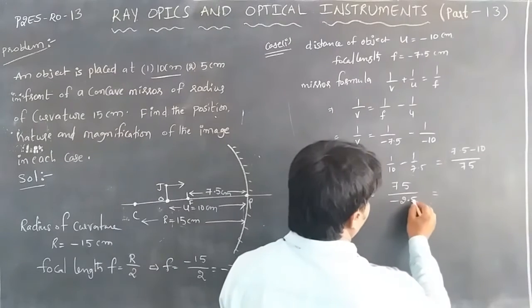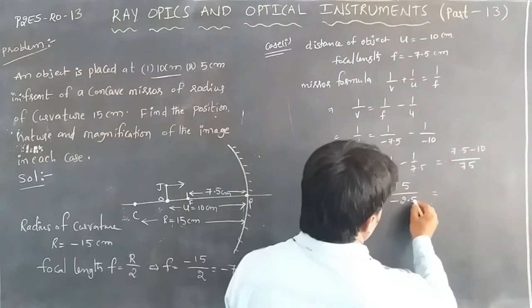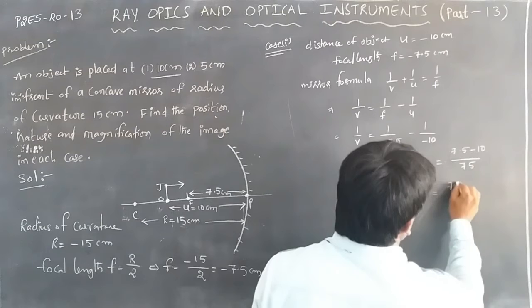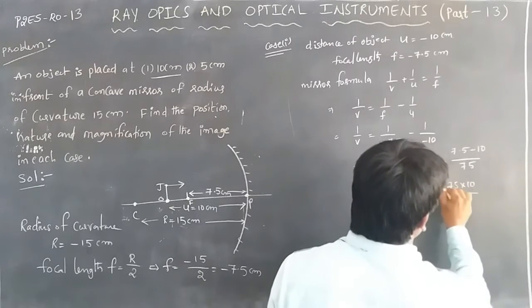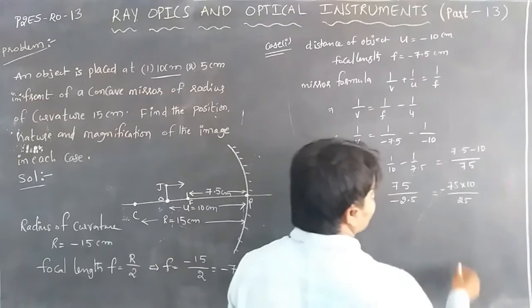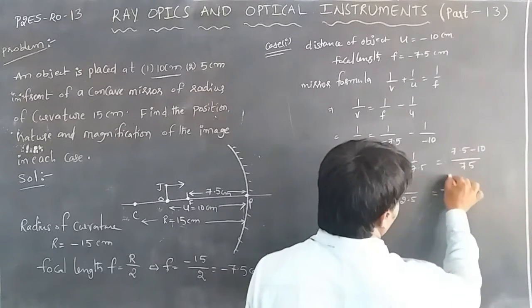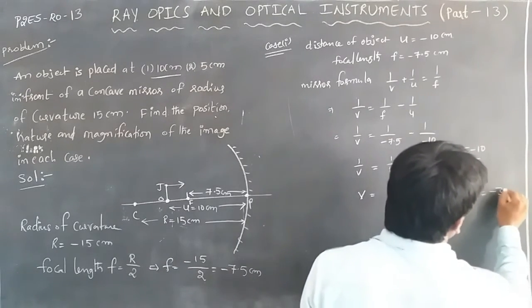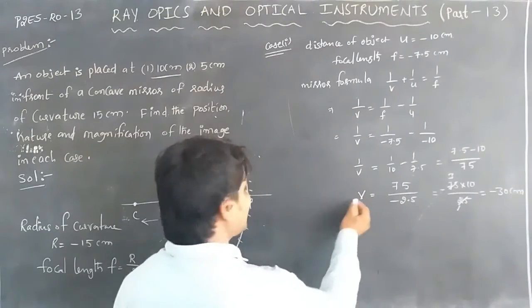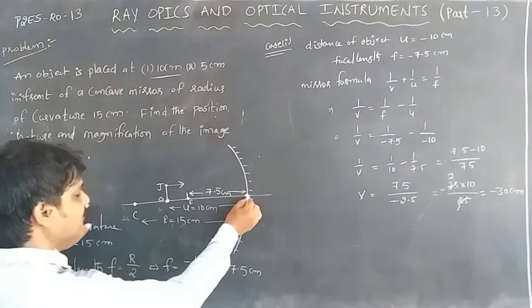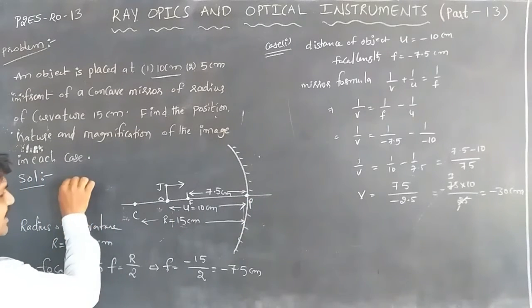Here it is 75 into 10 by 25, so we get v equal to minus 30 centimeter. Minus 30 centimeter means the image is formed 30 centimeters away from the pole.